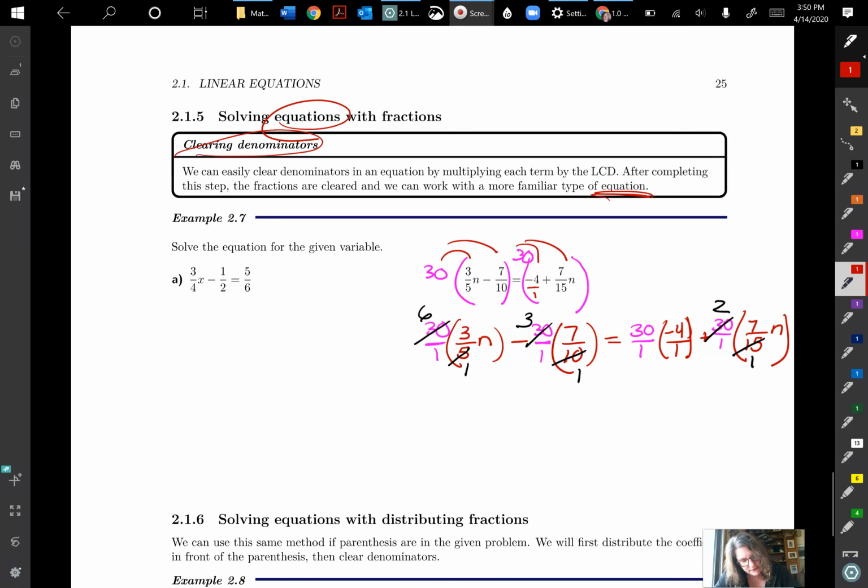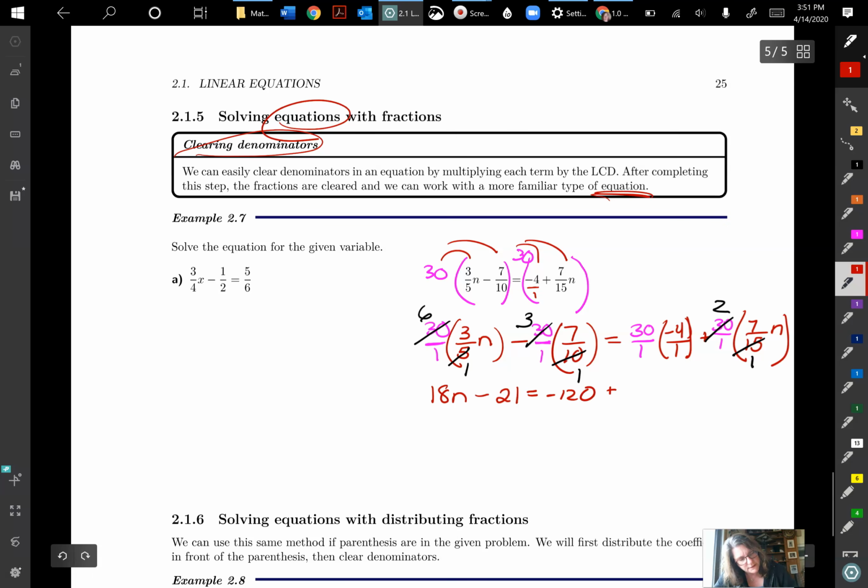so now we're going to have 6 times 3n is going to be 18n minus 21 equals -30, or 30 times -4. That's going to give us -120.